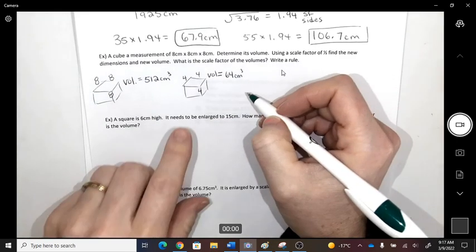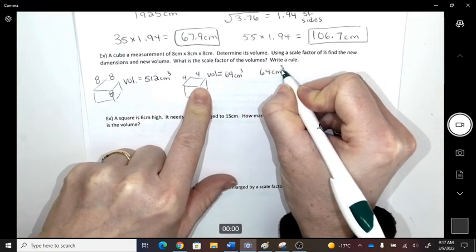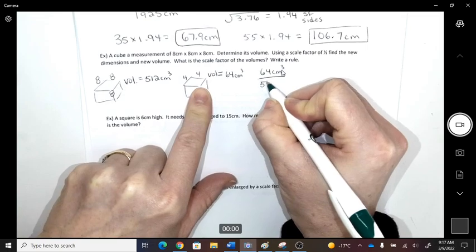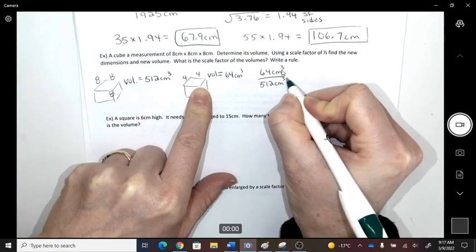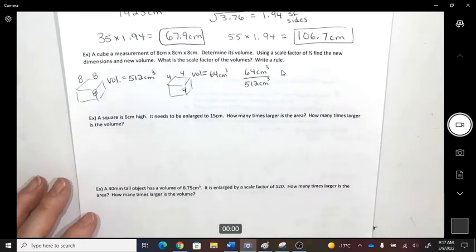Okay, so the volume of the new one compared to the volume of the first one, the volume new divided by volume original.